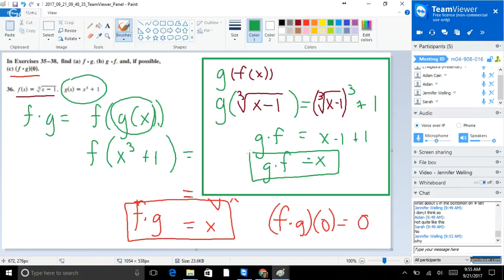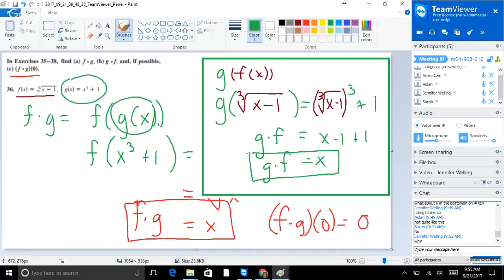So we know about inverses when we just talk about fractions, what the inverse of a number is. If you have 5, the inverse is 1 over 5. And the definition is that the number times the inverse equals 1. So when we talk about functions, we can actually talk about the inverse of the function.